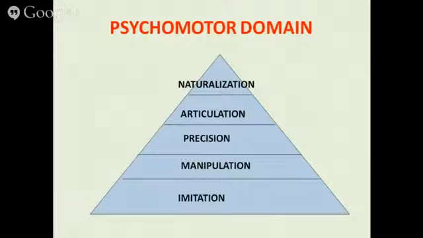Imitation means you simply repeat what is being done by the expert. Say a teacher is giving a demonstration, the student is just imitating the demonstration of the teacher, or the student is given a rule and that is being followed. That is simple imitation of what a teacher is telling. So whenever we have to learn a skill, somebody who is proficient in performing that task gives a demonstration and we try to simply copy that.